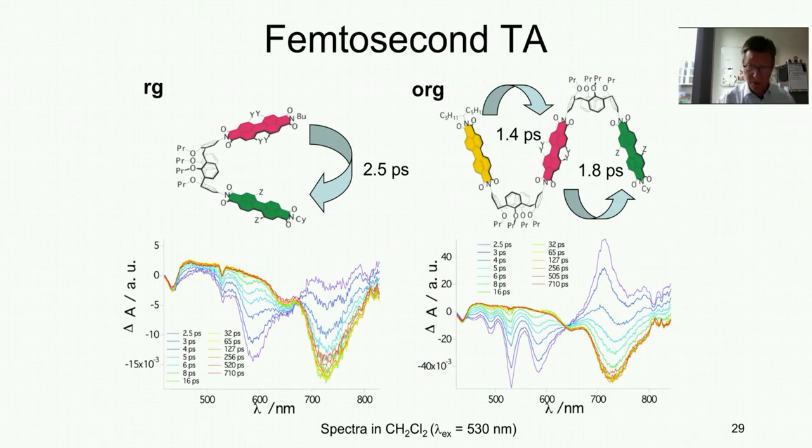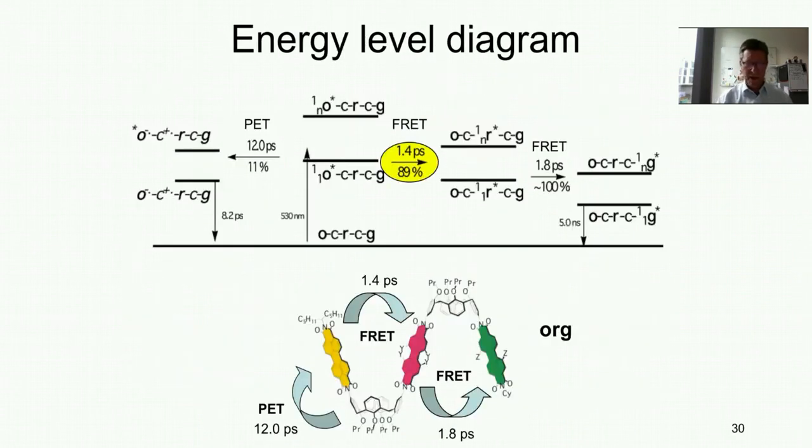I'm not going to talk about the spectra, but they're just fingerprints of the excited state of the molecules, determined with transient absorption pump-probe spectroscopy. Basically this displays the various processes: 1.4 picoseconds as the first FRET step, and 1.8 picoseconds as the second Förster Resonance Energy Transfer step. So these are experimentally determined rates.